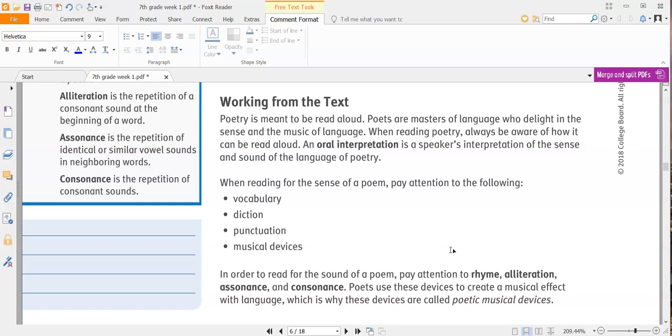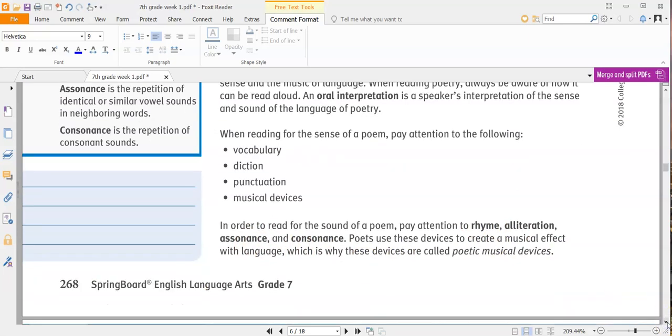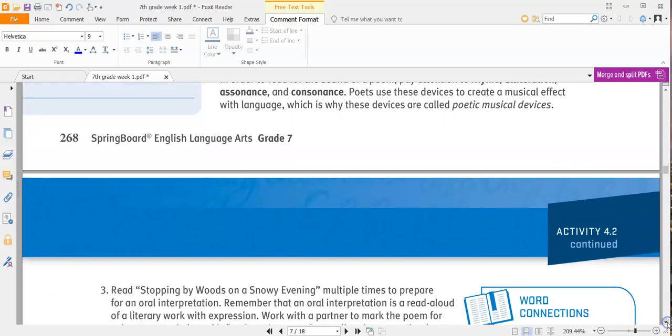When reading for the sense of a poem, pay attention to the following: vocabulary, diction, punctuation, and musical devices. So in order to read for the sound of a poem, pay attention to the rhyme, alliteration, assonance, and consonants. Poets use these devices to create a musical effect with language, which is why these devices are called poetic musical devices. All right?